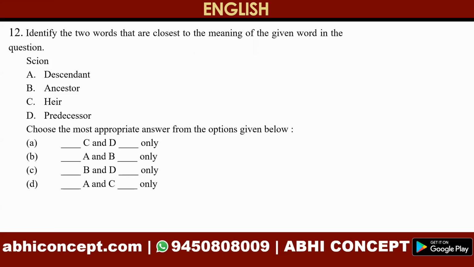Scion means, yes, scion means, स्कायन का एक्चुअल मीनिंग होता है कि जब प्लांट में से एक हम कहते हैं ना, a bud comes out, एक टहनी निकलती है, उसको हम स्कायन बोलते हैं। ओके, सो बेसिकली डिसेंडेंट, क्योंकि ये प्लांट है, अगर इसमें से एक टहनी निकल रही है या इसमें से एक ट्विग निकल रहा है, तो ये इसके प्लांट में से ग्रो कर रहा है ना। So basically somebody which is growing out of the existing thing, so that is descendant or heir. So A and C only. Fourth is the right answer.